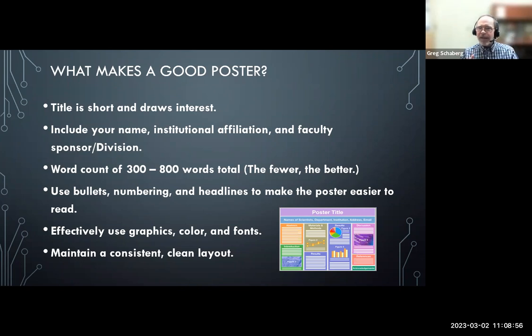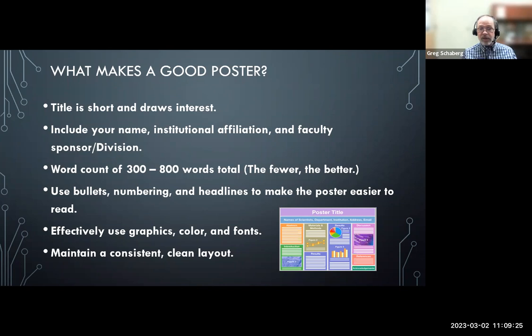You want to give your reader something that's visually appealing. You want to give your reader's eyes a break every once in a while. You want to have some white space. You want to include some images, perhaps some graphs or charts, so you break up the text a little bit. So keep that in mind. Do not just take a paper and transfer it to your poster. That is not going to be a winning strategy.